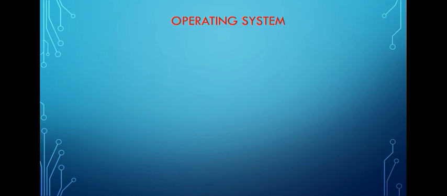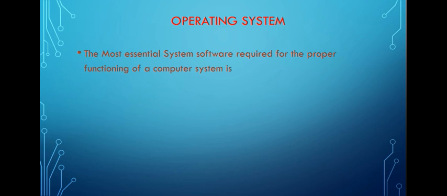Operating system. The most essential system software required for proper functioning of a computer system is an operating system. Now, operating system is one of the most important softwares that we require to run a computer. If you don't have operating system in your computer, you will not be able to start the computer even if you have 1,000 other softwares in it.